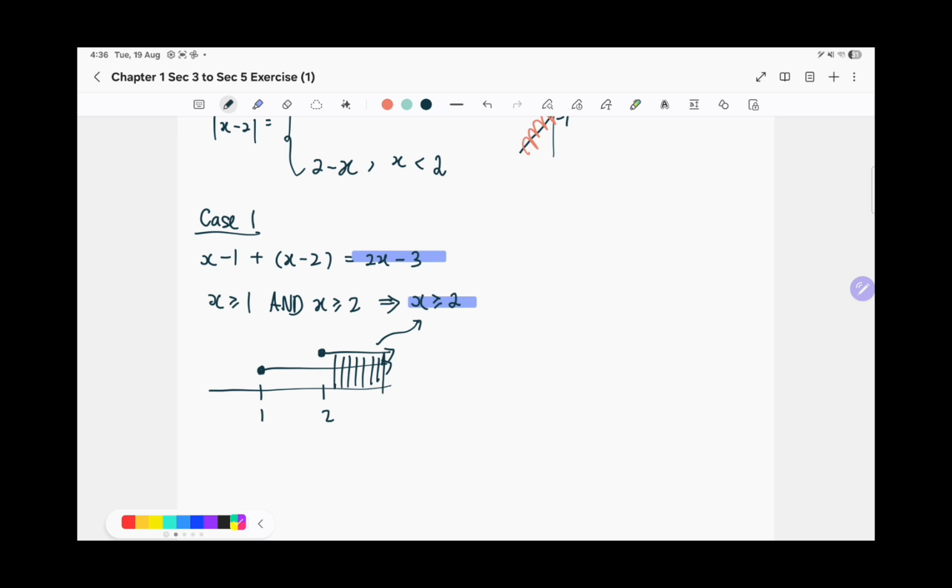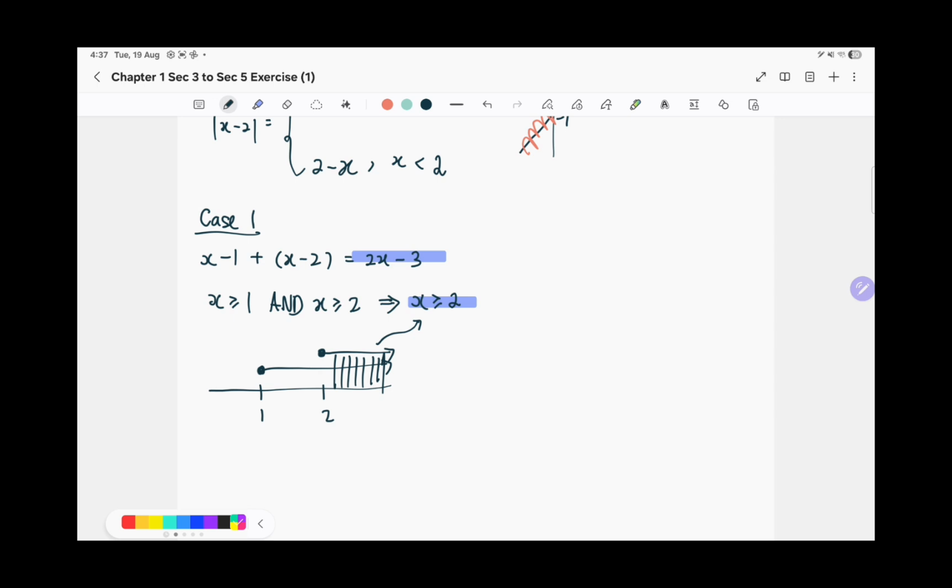Yes, like we put 1 and 2 here, and then we see this case. No, we cannot.